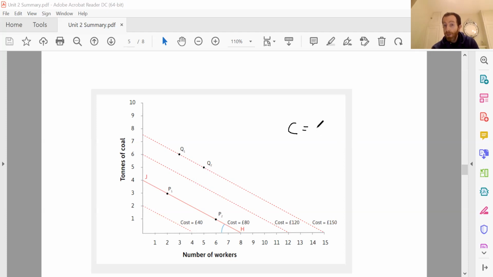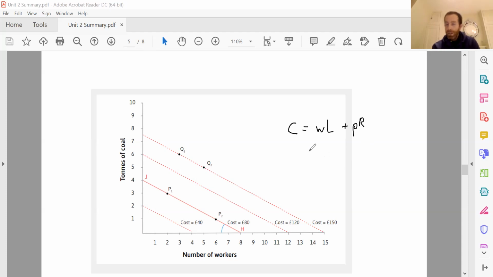So my total cost is going to be equal to the price of workers, or the wage, which I'll call W, multiplied by the number of workers, which I'll call capital L, plus the price of coal, which I'll call P, multiplied by the number of tons of coal, which I'll call capital R.